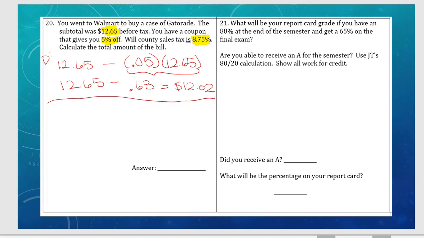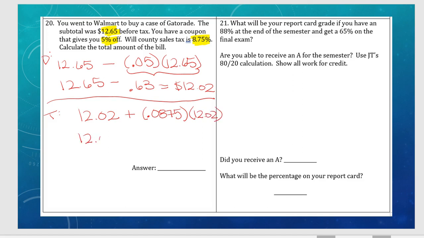Now I need to figure out what the tax is going to be on what I'm paying for this Gatorade, which is $12.02. So tax we add on, and the tax rate is 8.75. When we move the decimal place over 2 places to the left, it's 0.0875, and that gets multiplied by the $12.02.